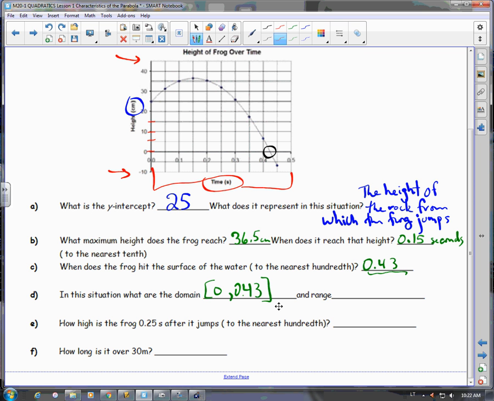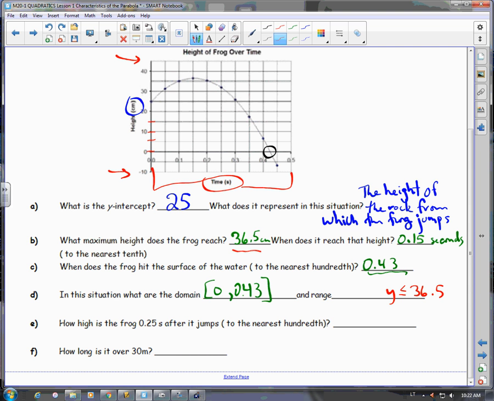What about the range? Okay, so y is less than or equal to 36.5, which is our maximum. Now, here's the question. Does it go below 0? How do you find the value?